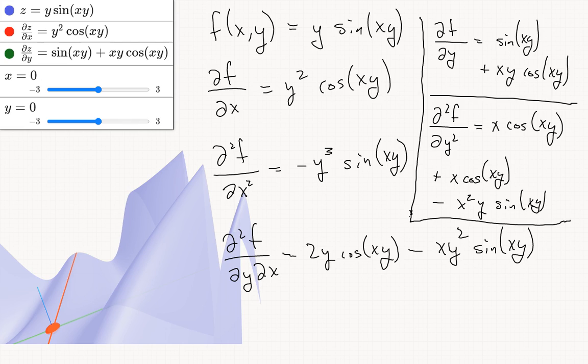And so then we can combine these two terms. So it's 2x cos(xy) minus x²y sin(xy).